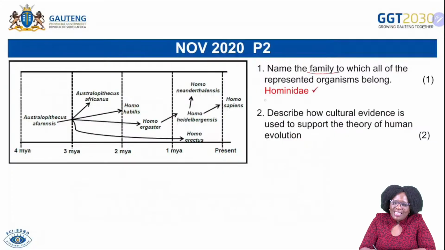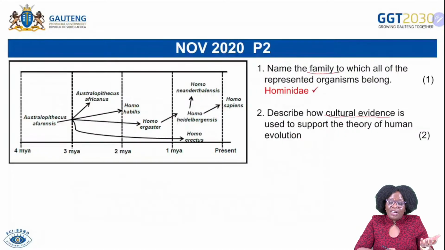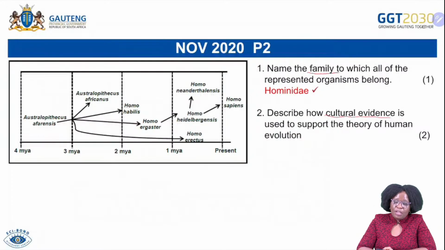Question 2, describe how cultural evidence is used to support the theory of human evolution, that humans evolved over time. What is it that we see from cultural evidence that proves that there had been these gradual changes that happen over time?